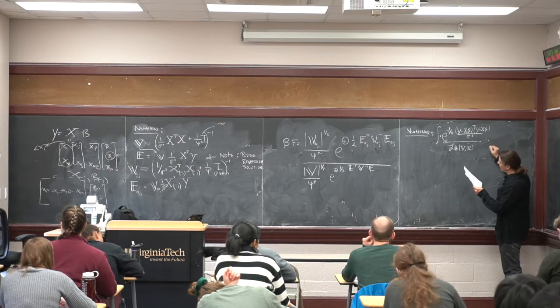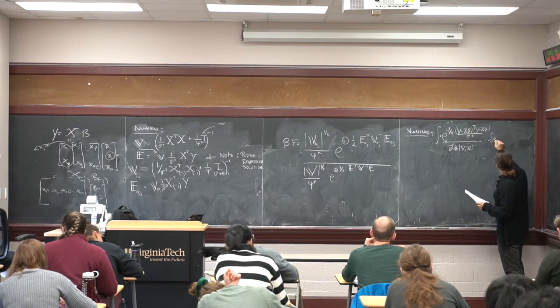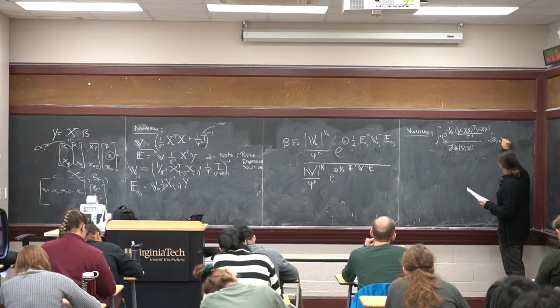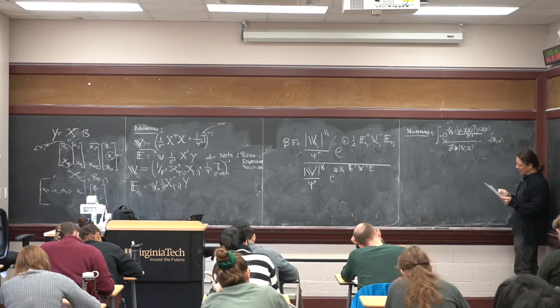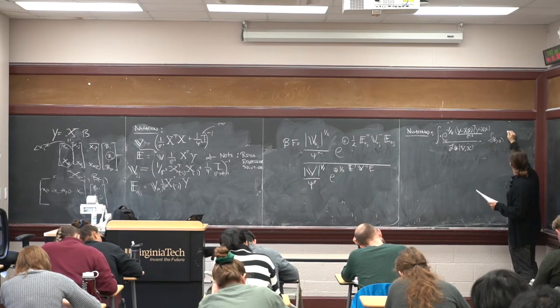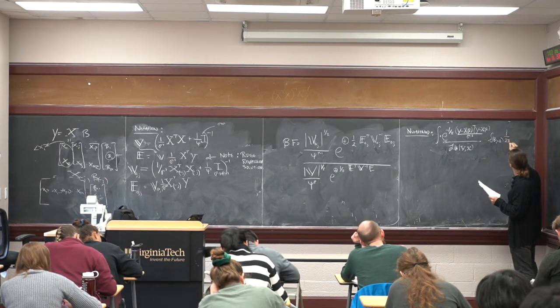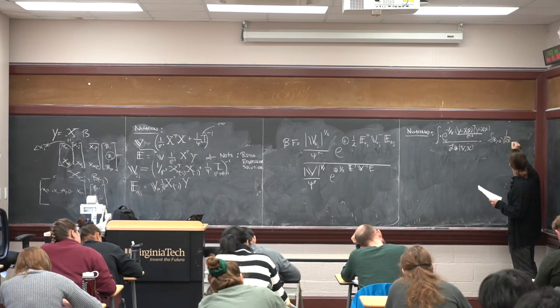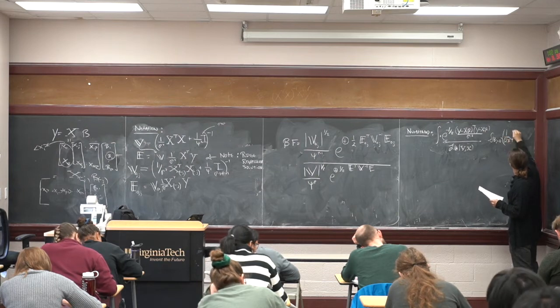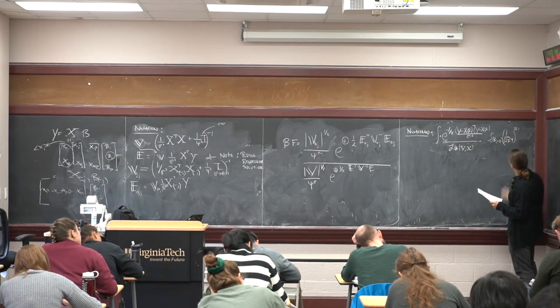So times beta j is equal to 0, that delta function. And then I'm going to have this term. 1 over root 2 pi square root psi, this is going to be p minus 1.